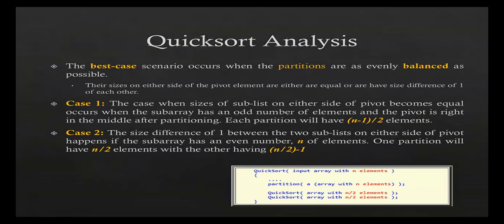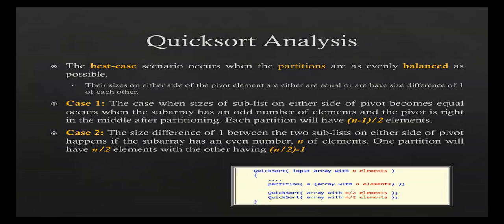Their sizes either are equal or within one of each other. The former case occurs if the subarray has an odd number of elements and the pivot is right in the middle after partitioning, and each partition has (n-1)/2 elements, right?